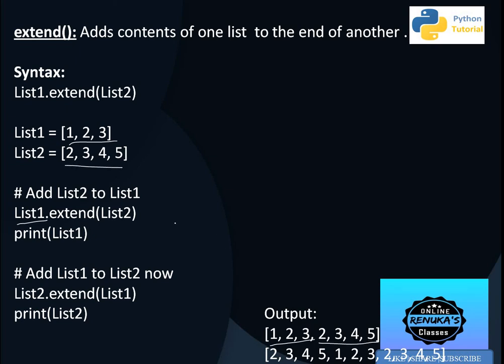And if we want to add the contents of list 1 at the back of list 2, then our command will be list 2 dot extend list 1. In that case list 2 elements will come first and at the end list 1 will come. So this is how an extended list works.